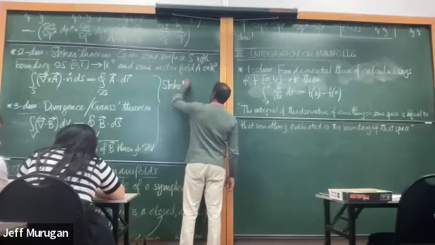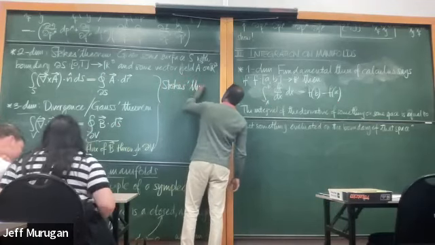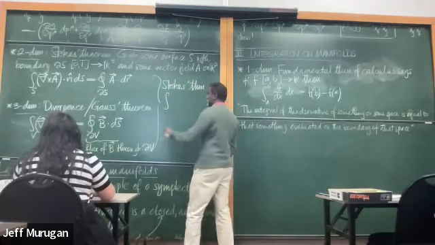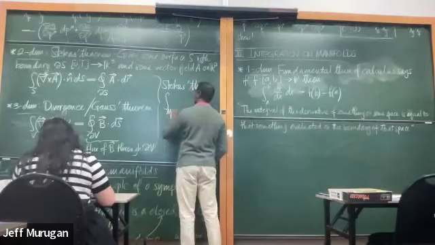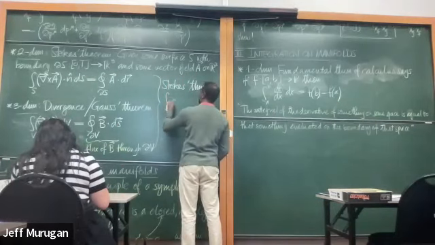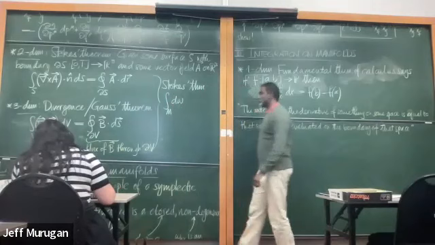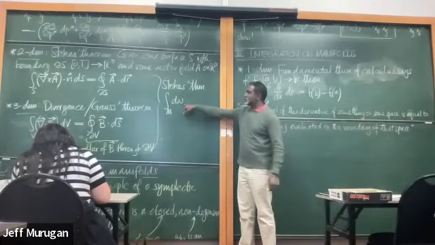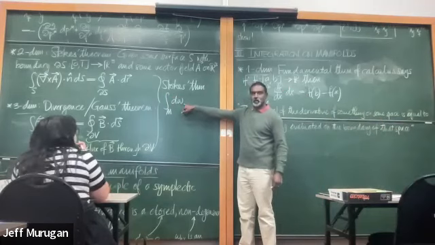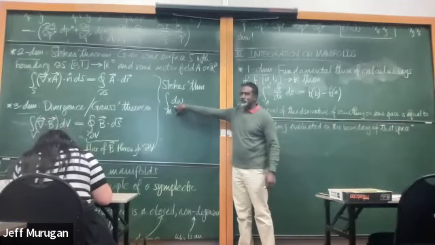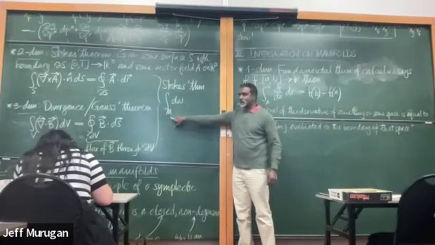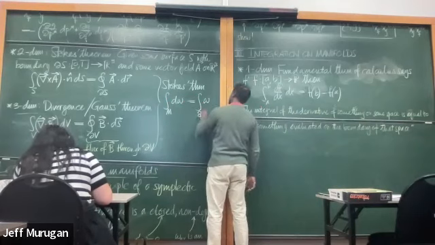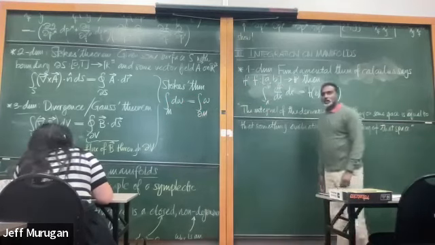The generalized form of Stokes' theorem says that if I have some n-dimensional manifold M and some (n-1)-form omega, then the exterior derivative of omega integrated over M is just omega evaluated on the boundary of M. And this is it.